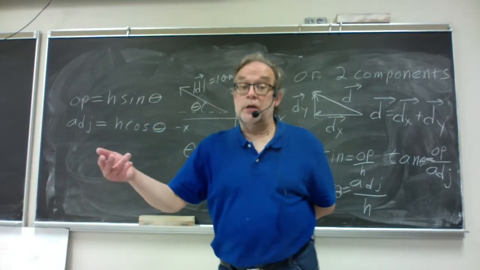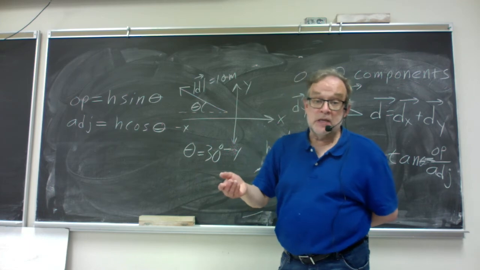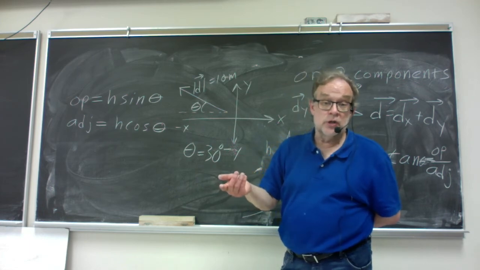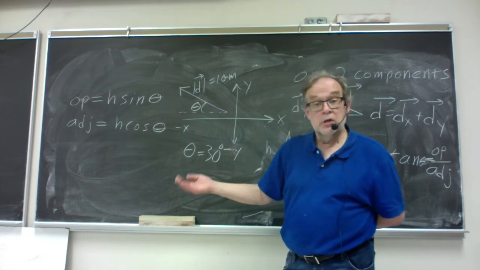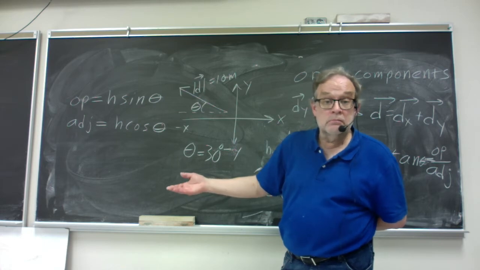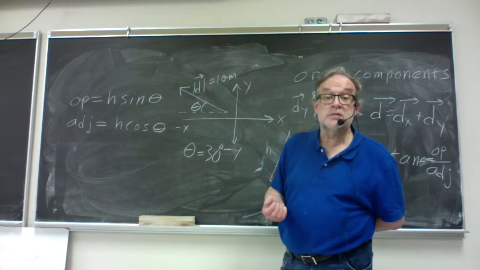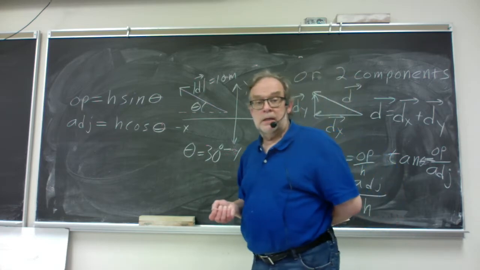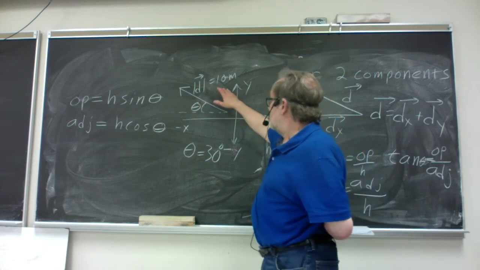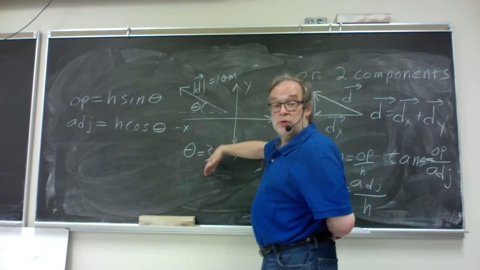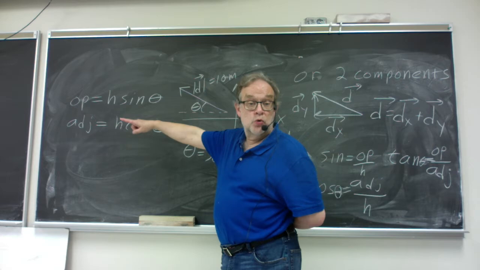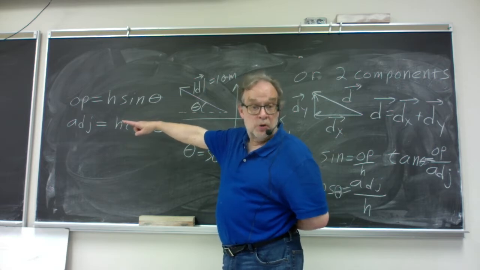And you have to say all that other stuff in order to completely specify the direction. You can't just say 30 degrees, you have to say 30 degrees with respect to what axis and which way, clockwise or counterclockwise. But now we've got magnitude and direction angle. We can use these rules to figure out the two components.